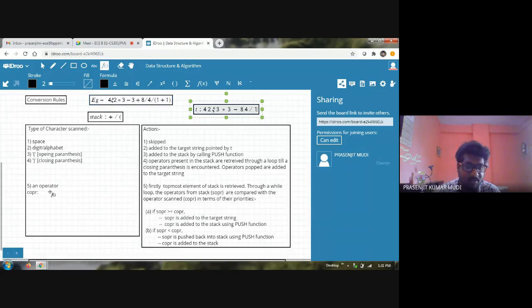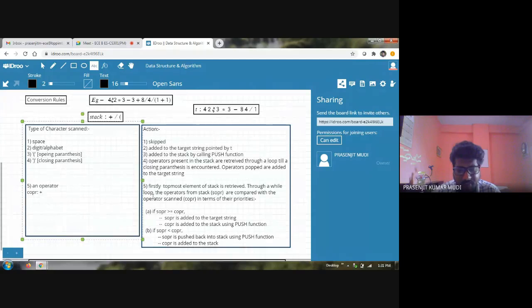Then plus, so plus operator. So if it is a plus, so topmost element of the stack is retrieved. That is, first bracket parenthesis is retrieved, and through a while loop, the operators from stack are compared with the character. So we are not finding any operator. Okay? So we are finding a first bracket.